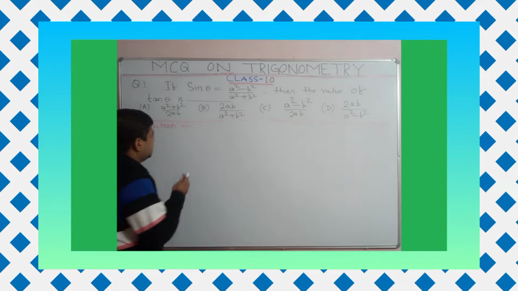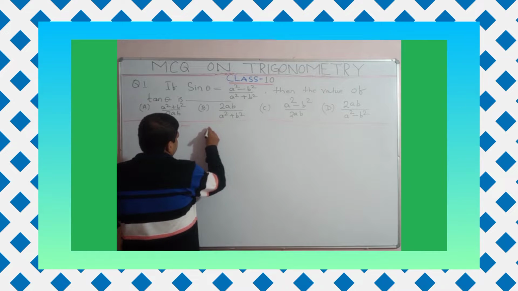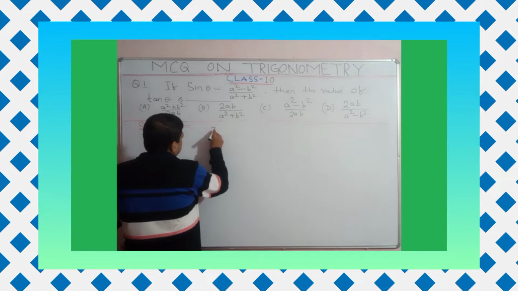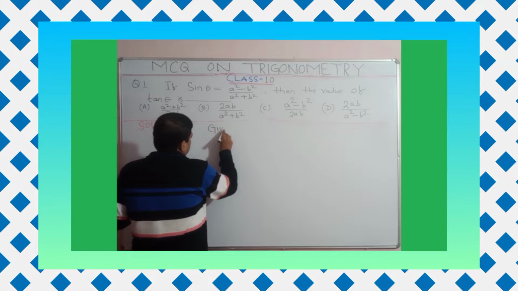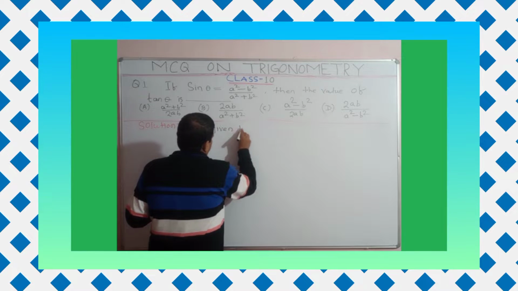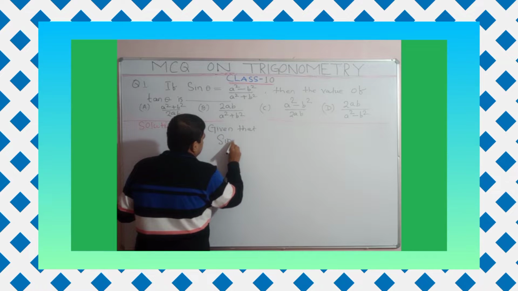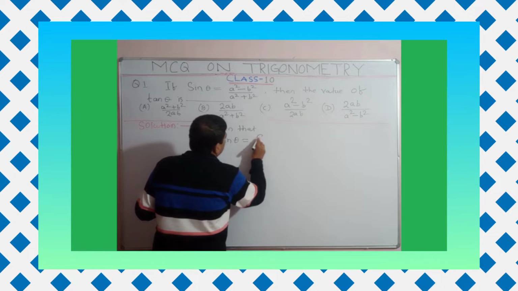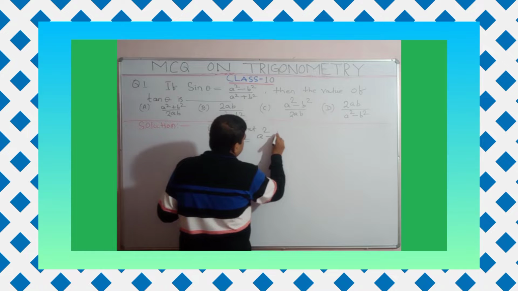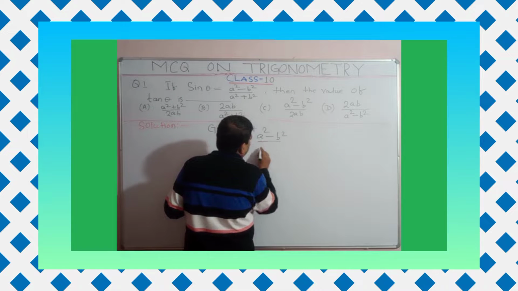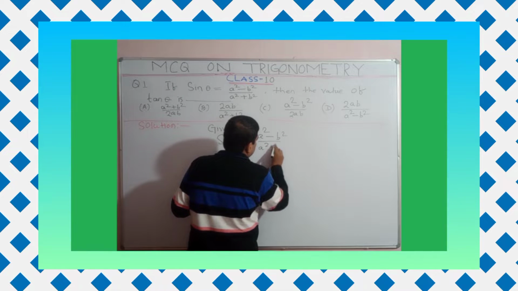Understand? Here it is given that sine theta, one trigonometric ratio, is equal to (a square minus b square) divided by (a square plus b square).